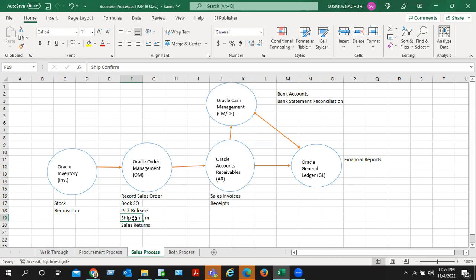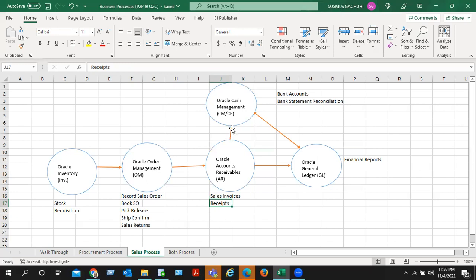So the sales department through Oracle order management ship confirm will communicate to Oracle accounts receivables, telling them that these goods have been sold and we expect this money, so you should raise a sales invoice in your department. Once you have raised the invoice and sent it to the customer, they will do the payment and you will do the receipts of that payment.